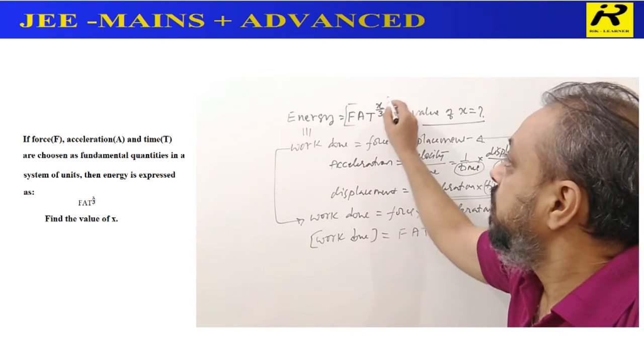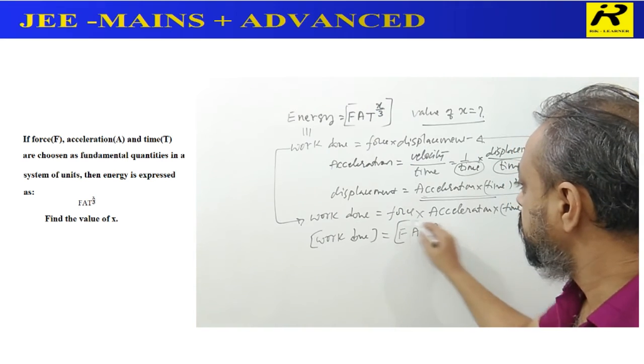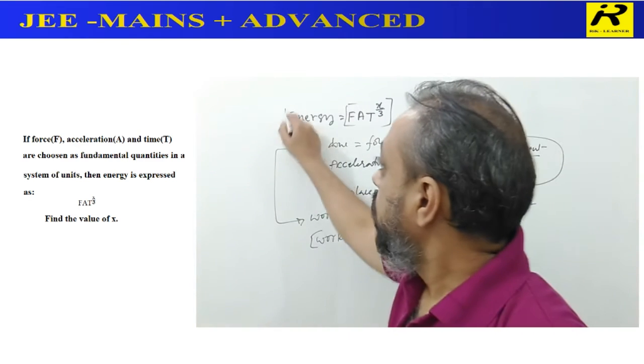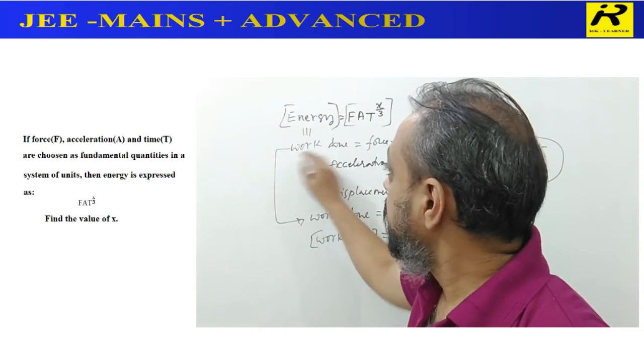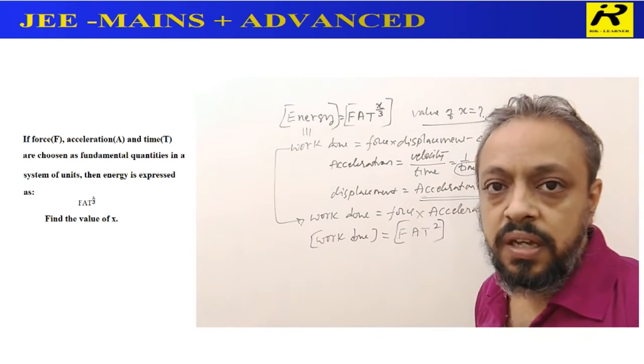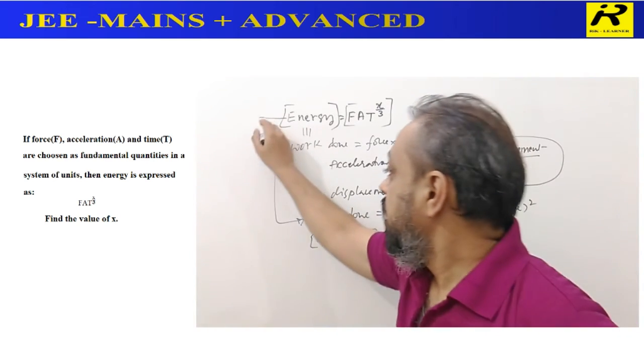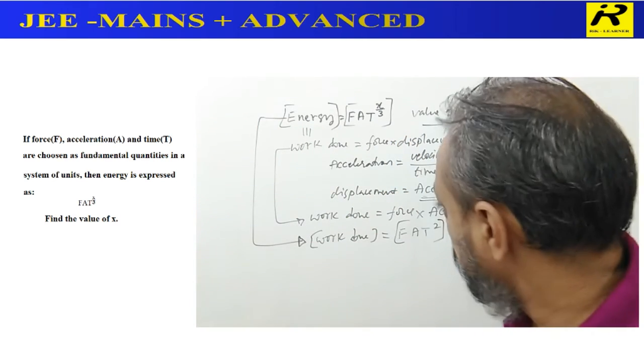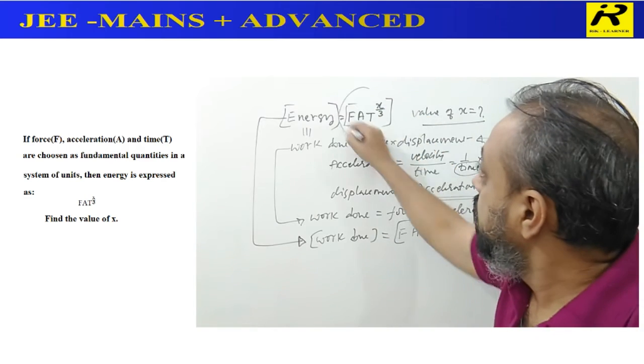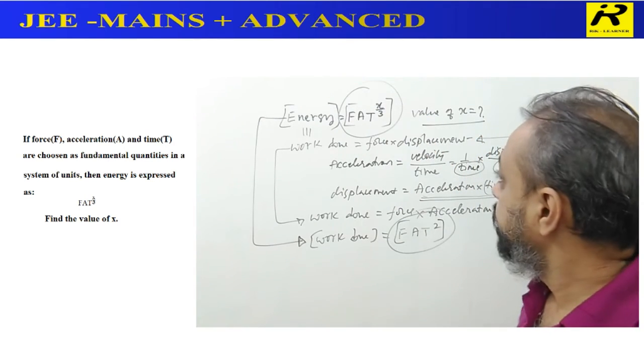So now the dimensions of energy is this one and the dimensions of work done is this one, right? What actually I said? Dimensions of energy and dimensions of work done are equivalent, one and the same. So now when I equate the dimensions of energy with the work done, then I can compare this one as well as this one, right?